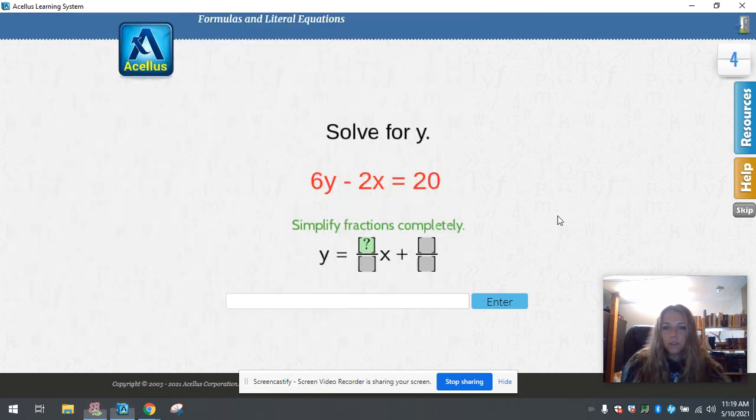Maybe it wants us to reduce. Let's reduce that to 1/3. Yep.